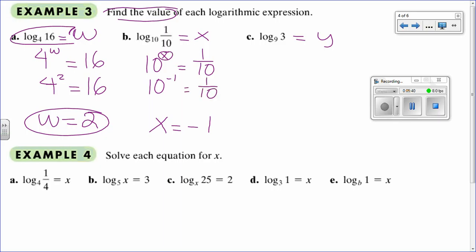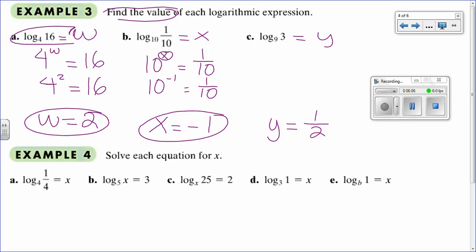All right, the next one, let's see. You guys could just take a guess. It's okay if you get it wrong. What power do you have to raise 9 to get 3? 1/2. And tell me, how do you know it's 1/2? So you switch it.